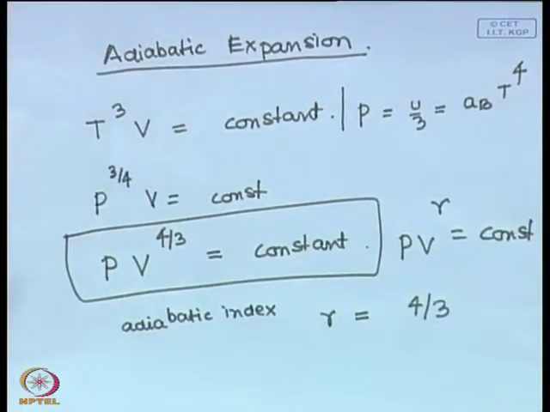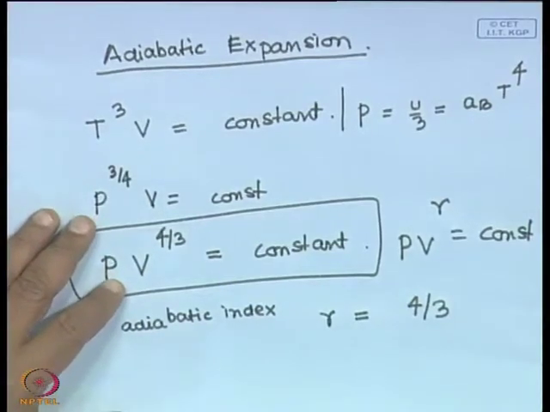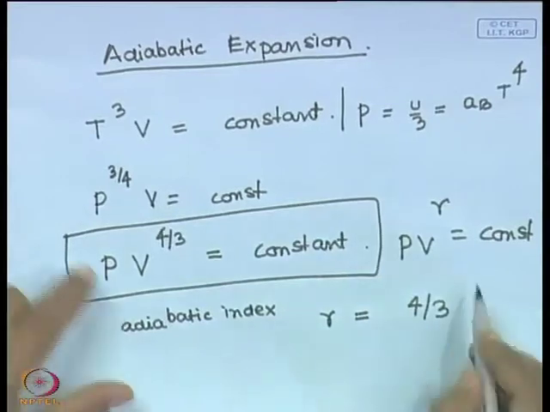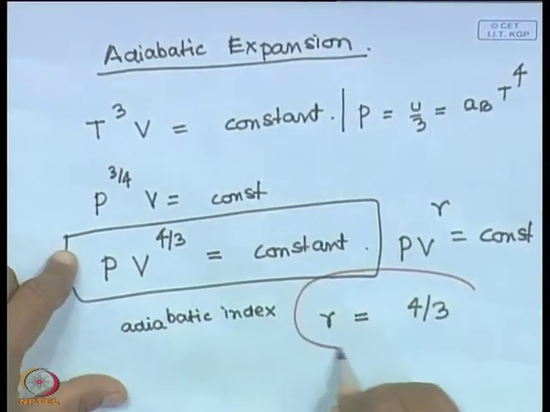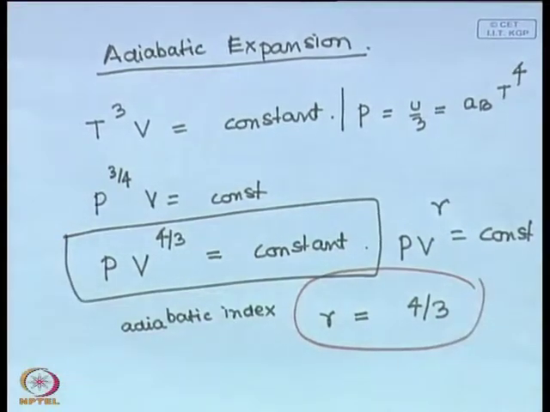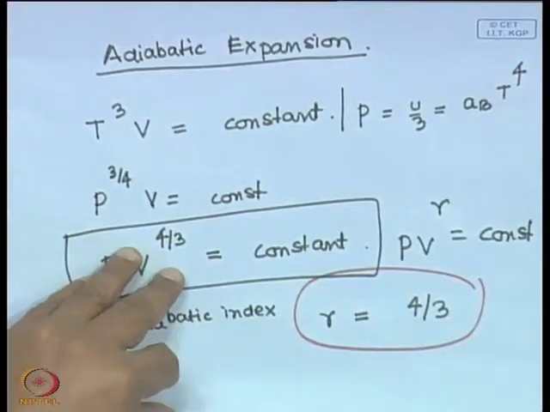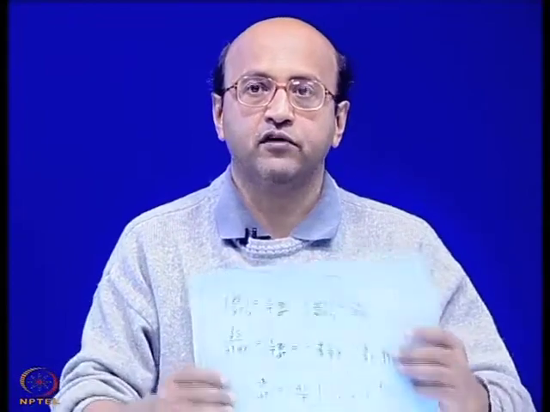This is a thermodynamic medium where the adiabatic index is 4/3. And this is quite a useful thing that we shall be using quite a bit in this course. So, this more or less completes the macroscopic, thermodynamic description of radiation. This is as far as you can possibly get.